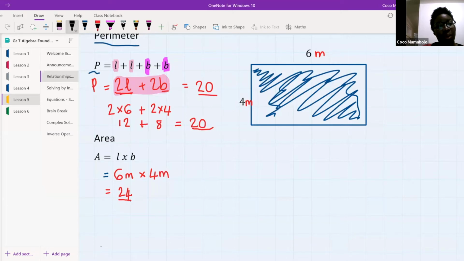But guys, remember over here, the meters and the meters are also being multiplied by each other. So can you guys tell me in the chat, what is M times M? Remember, that is completely different from M plus M. Ooh, Tehila, remember M plus M, that would give us 2M, because how many M's do I have? I have 2 of them, 2M. What is M times M?